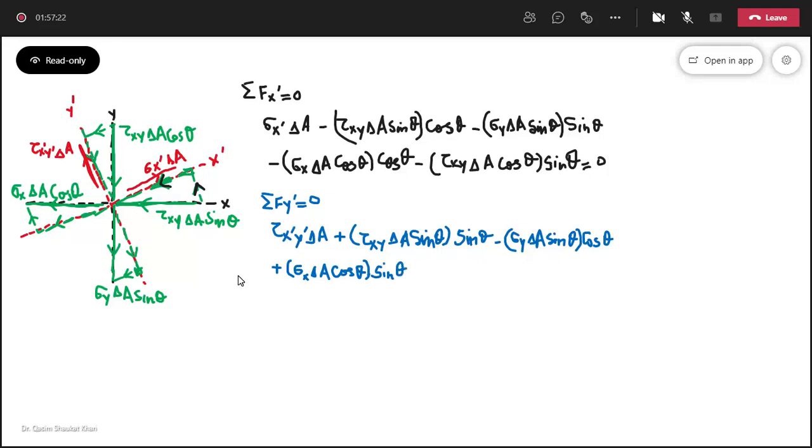Okay. Next is tau xy delta A cos theta. It is acting downwards, so this will be negative.